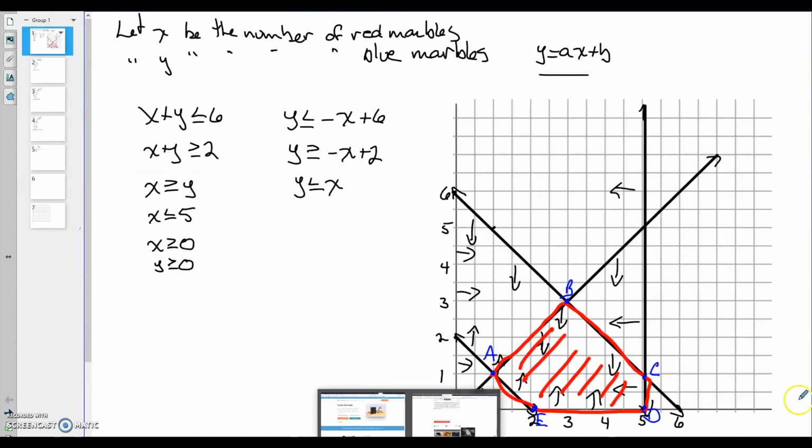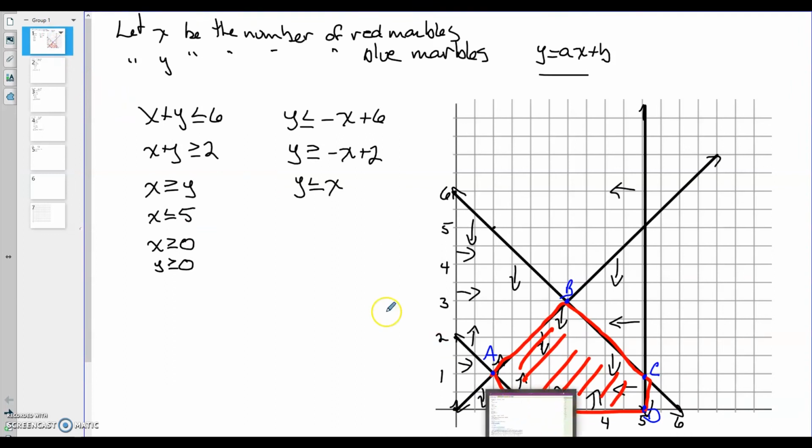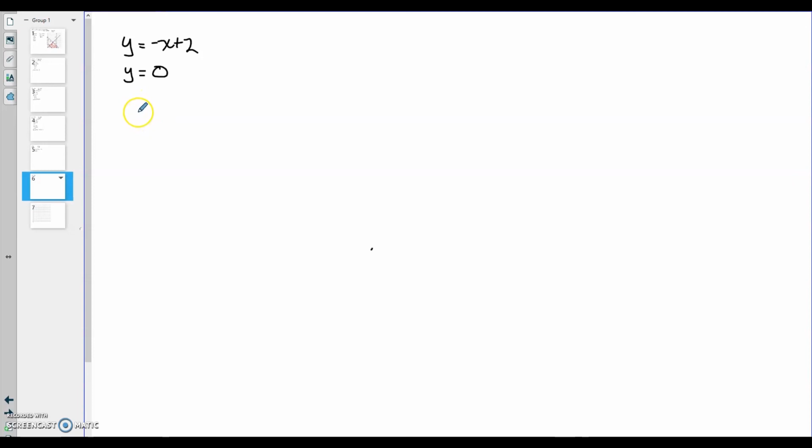Let's go back and look at the final vertex, point E. E is again the intersection of two lines, y greater than or equal to negative x plus 2, and the x-axis, which is y equals 0. Again, the method we choose to solve this is very clearly substitution, because we've already got y equal to 0.